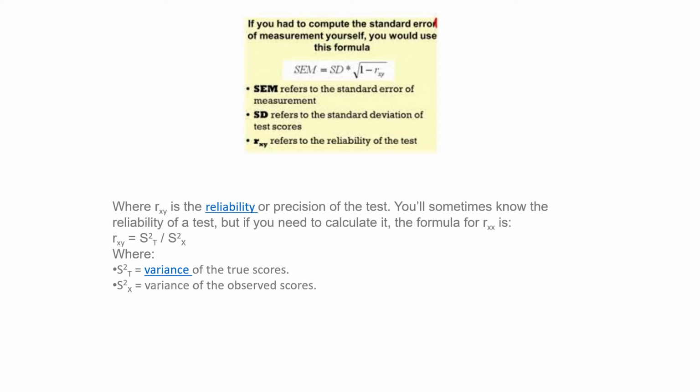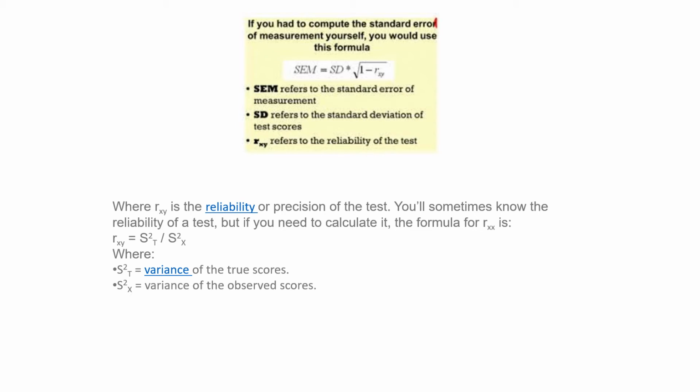If you don't know how to calculate the reliability of the test, reliability is the precision of the test, and you can calculate it using the formula s squared t divided by s squared x, where s squared t is the variance of the true scores and s squared x is the variance of the observed scores.